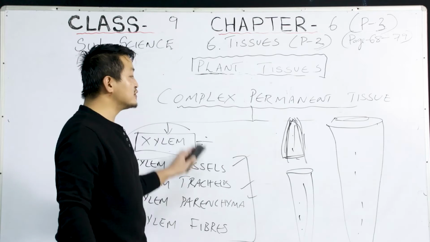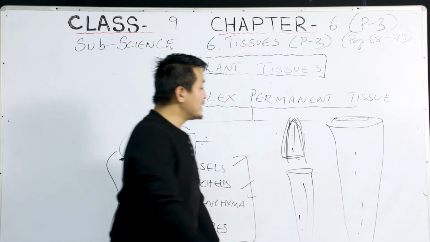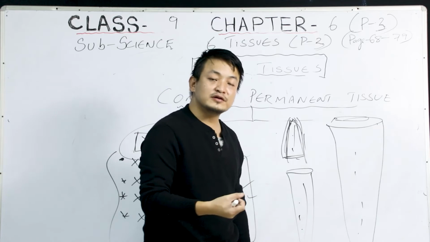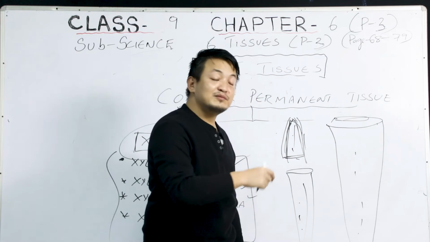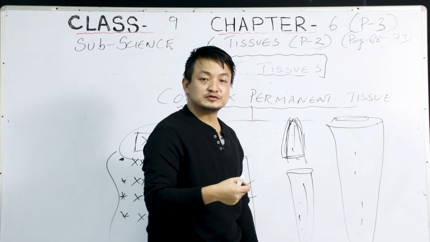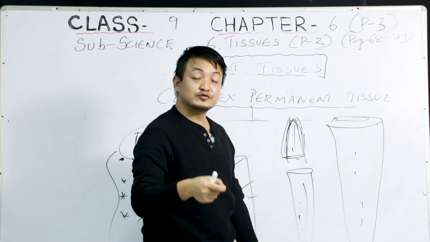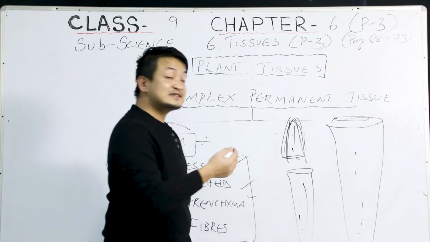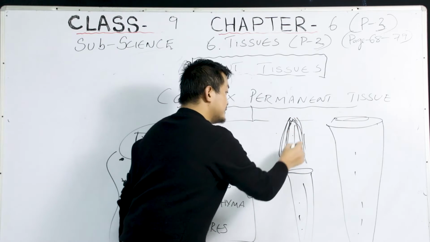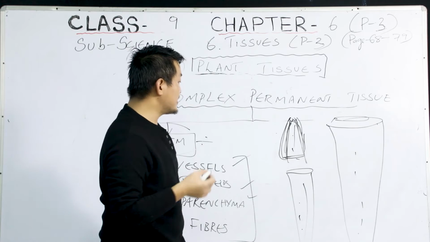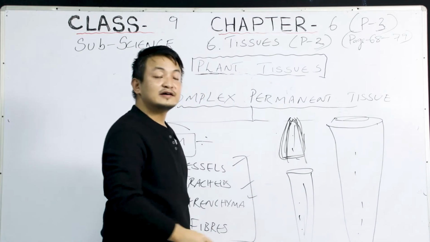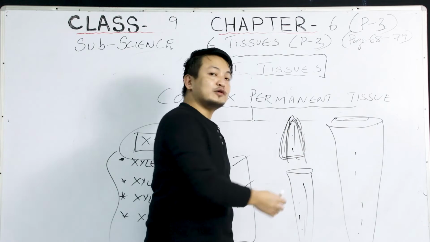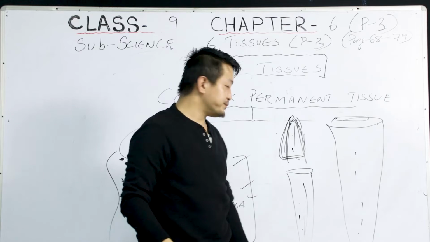Why are they circular and tubular in structure? Because this helps in the transportation of water and minerals. Water and minerals are absorbed from the roots, from under the soil. In the stem, they are circular and tubular in structure, and this helps in the transportation of water and minerals. That's why they are shaped vertically. Clear?